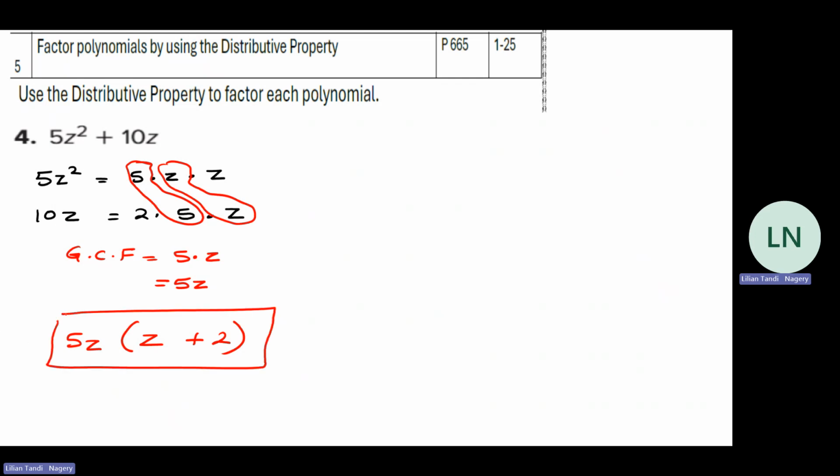So our greatest common factor will be 5 times z, which is 5z. Then 5z goes outside, inside is z plus 2. Check your work. 5z times z, 5z squared, 5z times positive 2, positive 10z. And you box your answer.